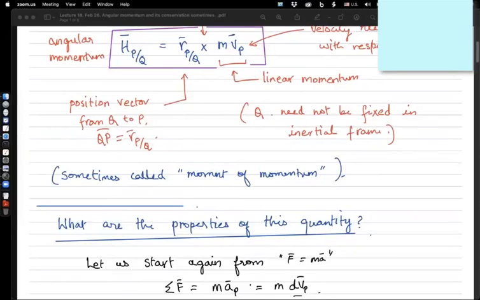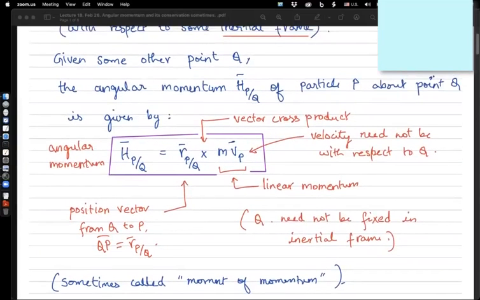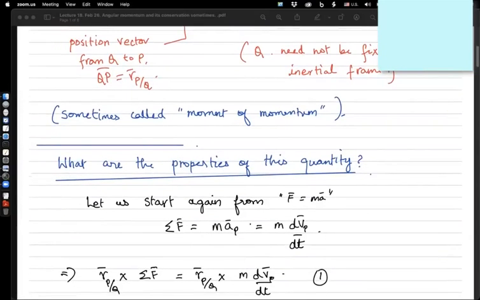To examine the properties of this quantity, we basically start again from F equals ma. Imagine we have this point P and there are some forces on it. The sum of all forces on the point P is going to be equal to mass times the acceleration of point P. Acceleration can be written as dVp by dt, okay? So the sum of all forces equals mass times dVp by dt.